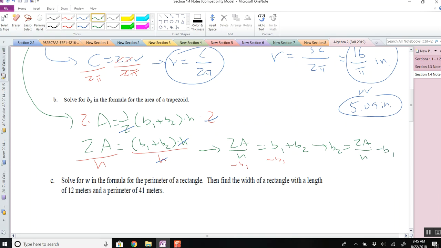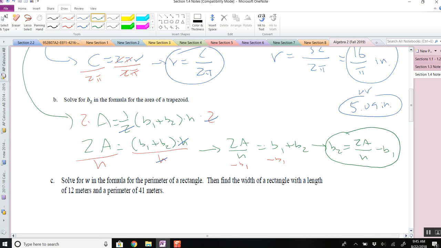Now, is this very practical? Not really. Usually when you're dealing with the area of a trapezoid, you're given the bases and the height, and then you just find the area. Or, I guess if you're given the area and have to find one of the dimensions, you plug in the stuff you know, so you start dealing with numbers, and then you just solve for B2. So you don't necessarily have to isolate B2 with all the other letters put in place.